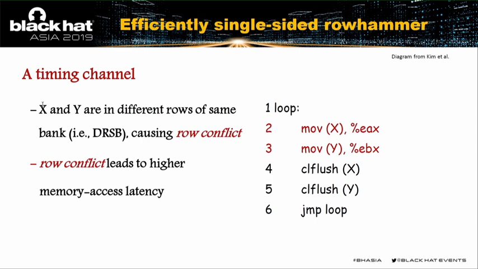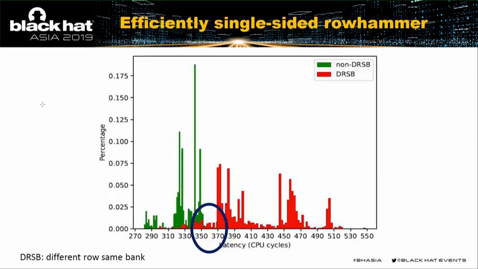Specifically, we select 1,000 pairs that are in the same bank of different rows, and another 1,000 pairs that are in different banks, and measure the access latency respectively. On this demo machine, more than 92% of the pairs in the same bank have more than 360 cycles, and more than 97% of the pairs in the different banks have less than 360 cycles.